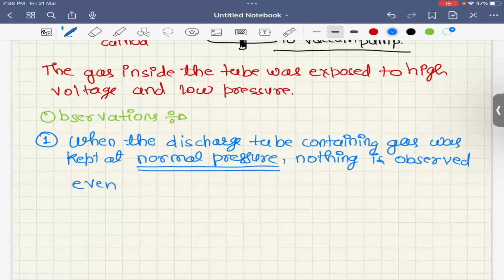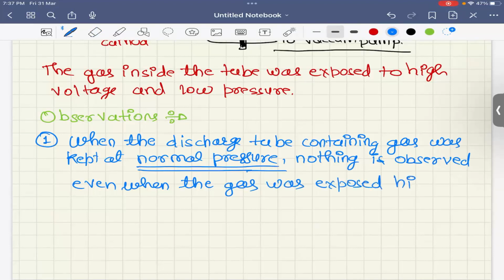even when the gas was exposed to high voltages.